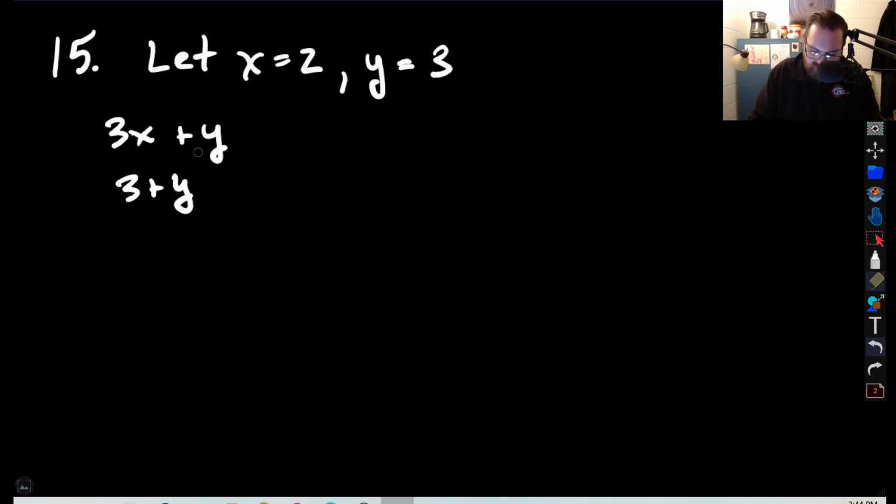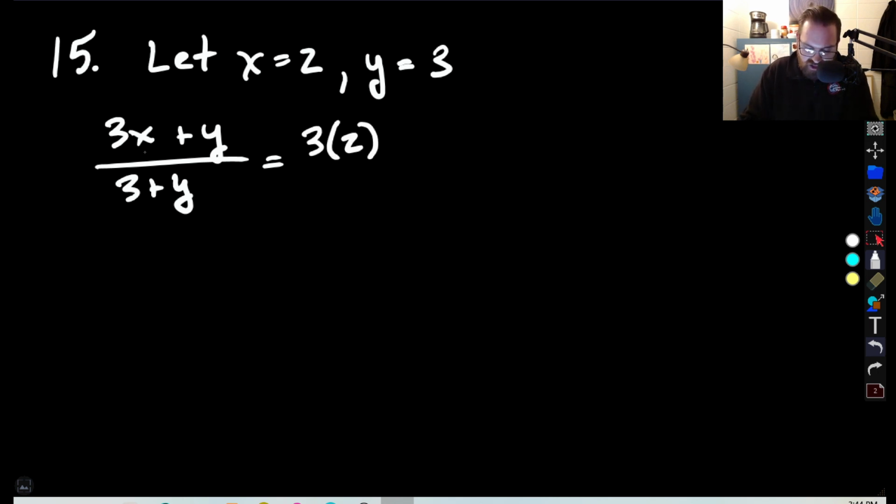Let me fix this here for you. There we go. What I can do in this problem is make the substitutions: 3 times 2, by changing the x into the number they gave me up above. Now I've got the y, which is a 3. And then I can divide through by my 3, which was already given to me. And then I take a look at the y, and I can swap that out for a 3 as well.